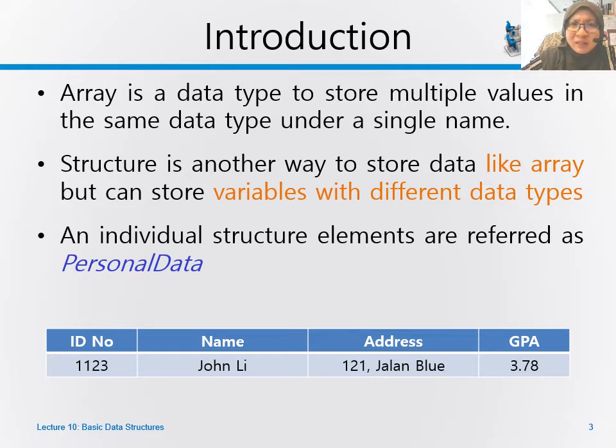Let's take an example to understand more about what a structure is in C programming. Let's say that we need to store data called personal data. For personal data, we have name, ID, address, and GPA. One way of doing this is to create a different variable for each of the attributes.